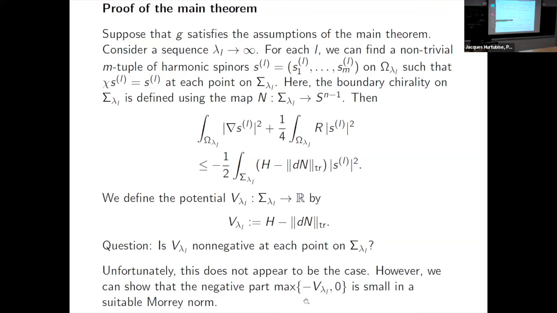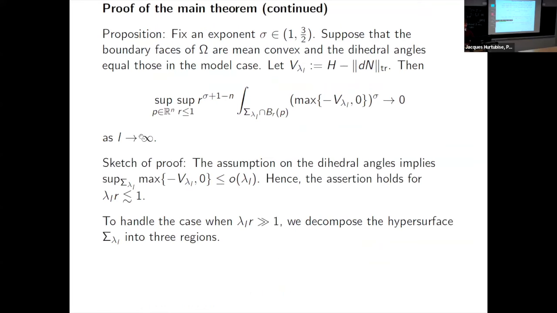And so to make this rigorous, what you can do is look at the negative part of B, that is to say the maximum of negative B and 0, and then you can argue that this bad term is small in a suitable sense. And so then you have to be precise in what sense you want this to be small. And it turns out that a good way of measuring the norm of this error term, of this bad term, is in terms of a Morrey norm.